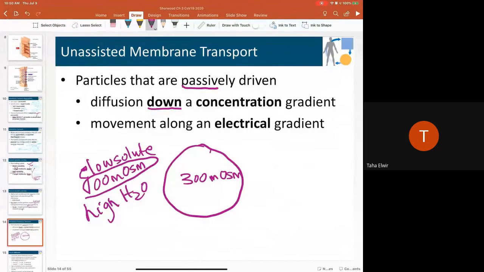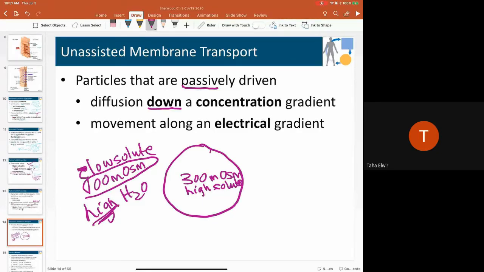If there's low particles, then there's high water. If you have 300 milliosmoles in your cell, then you have high solute. It's normal, but it's high with respect to what is outside.